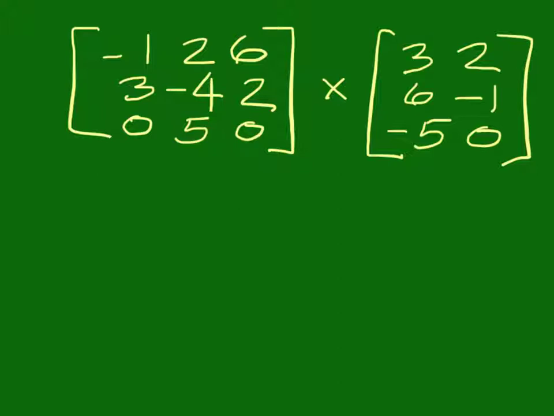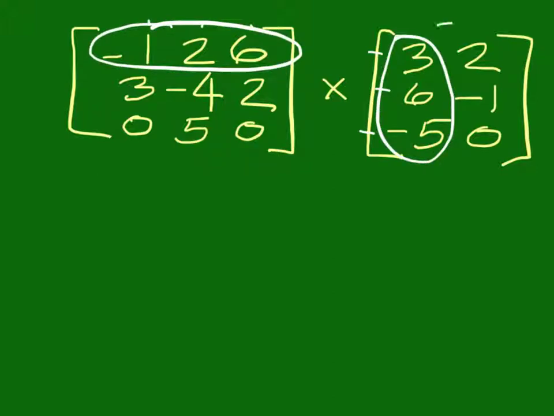So first we check to see if we can actually do it, and we have 1, 2, 3 columns and 1, 2, 3 rows. So yes, we can do this one. You're going to start by multiplying this by this, and then go to the second column with this same row.